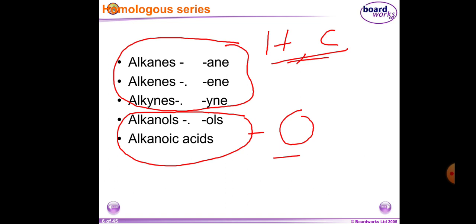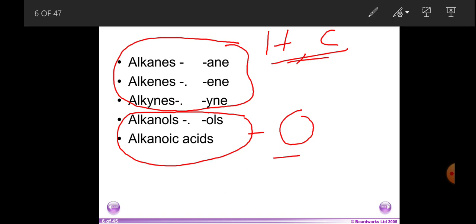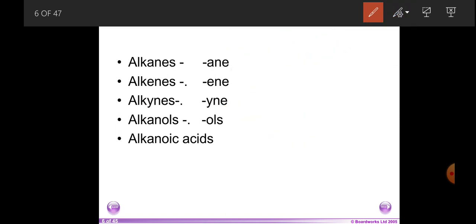Now, in their classification, they normally have a certain way in which they begin and a certain way in which they end. You can see that all of them begin with the prefix ALK. All of them alk, alk, alk. But then they end with different suffixes.